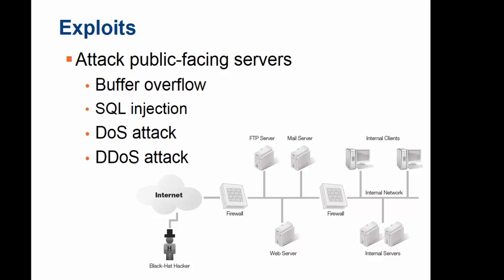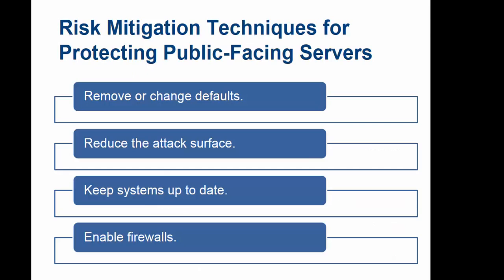And as you can see, some of the exploits attacking public-facing servers are buffer overflow, SQL injection, denial of service attack, the DoS, or the distributed denial of service, DDoS attack. These are various ones.